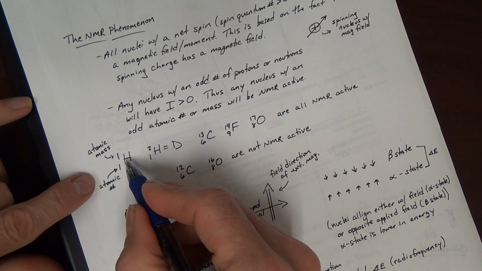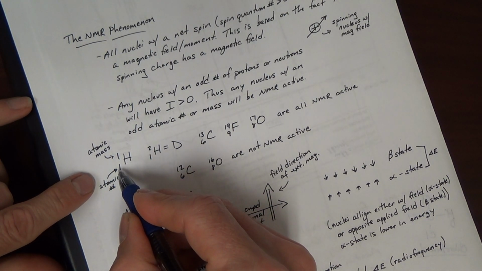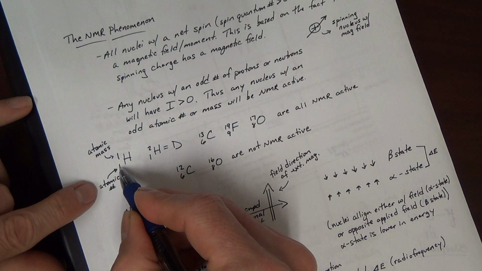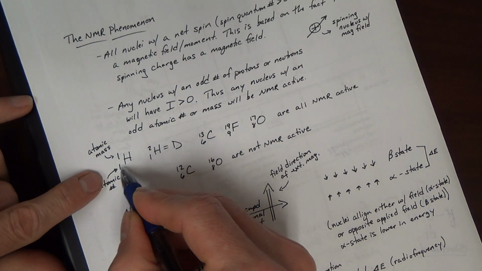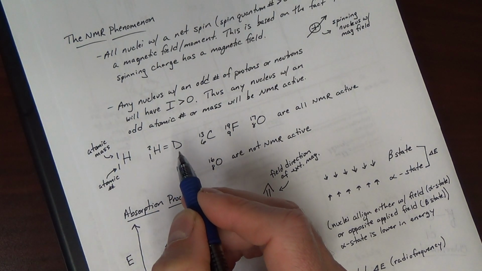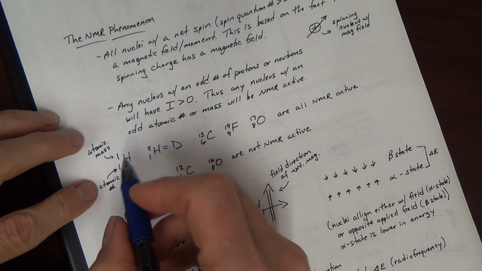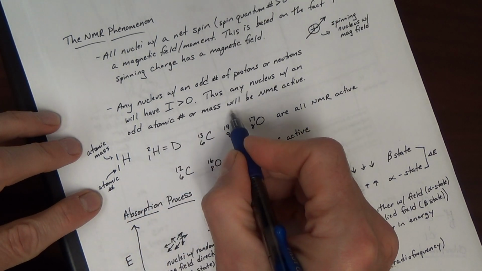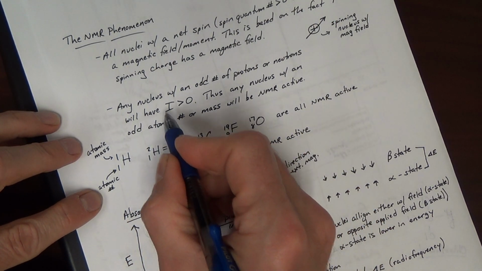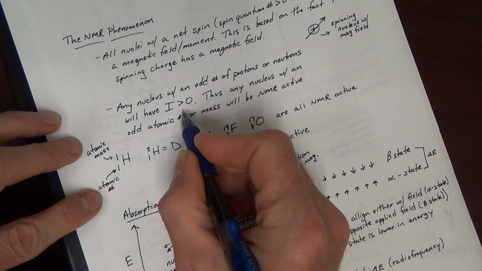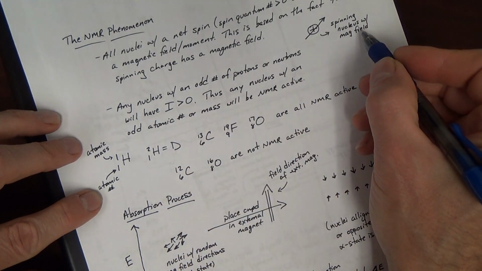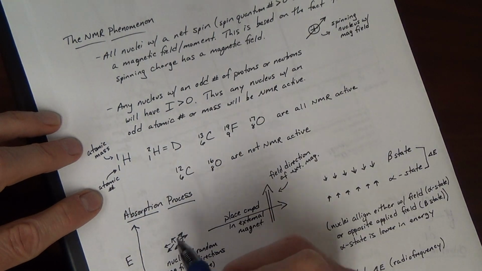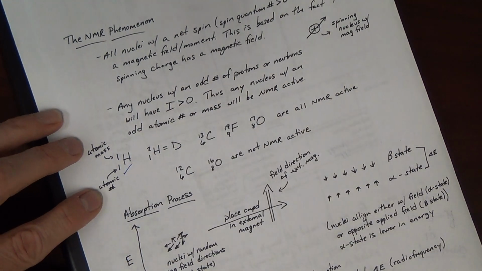How many protons? Well, 1. Atomic number of 1. How many neutrons? 0. But it's got 1 proton, which is an odd number. So the spin quantum number should be greater than 0. Thus it should have a magnetic moment associated with it. Thus it should be NMR active. Yes.